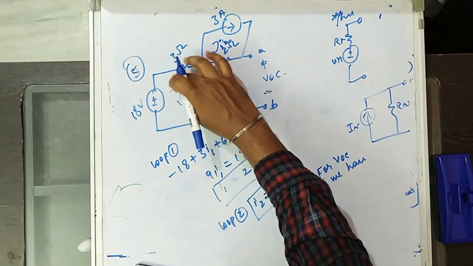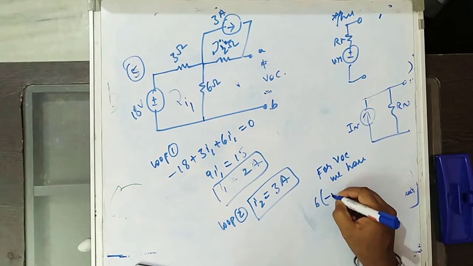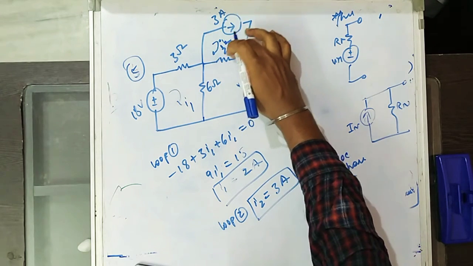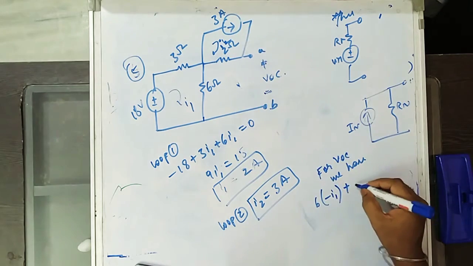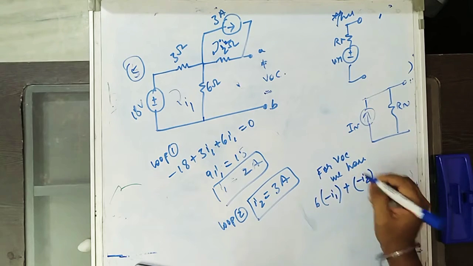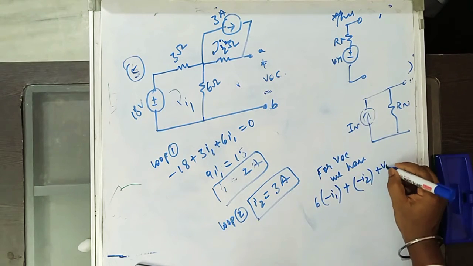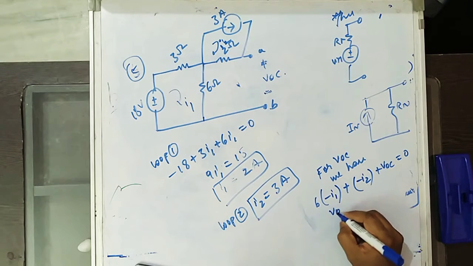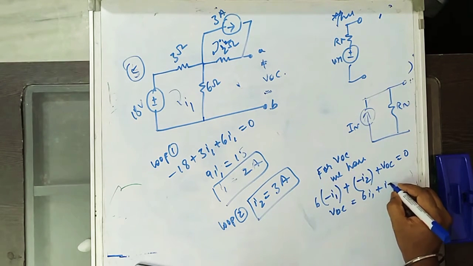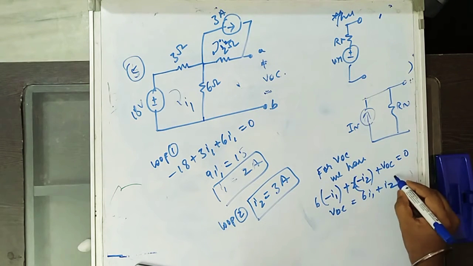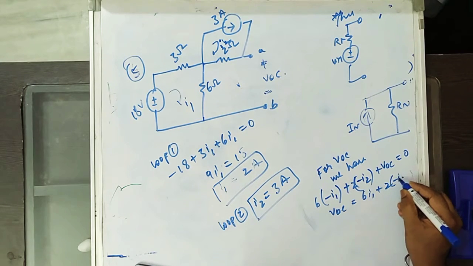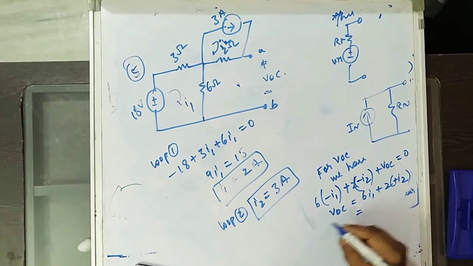I1 is in the opposite direction, so you will take minus I1 here, plus 2 into I2, which is in this direction, so minus 2, plus VOC equal to 0. So VOC equals 6I1 plus 2 into I2.